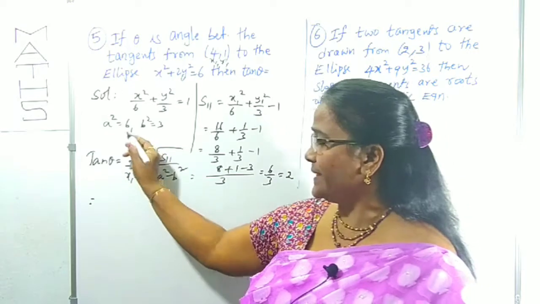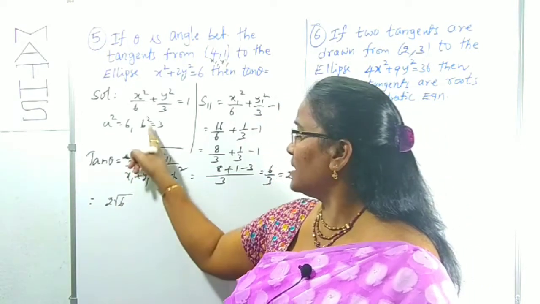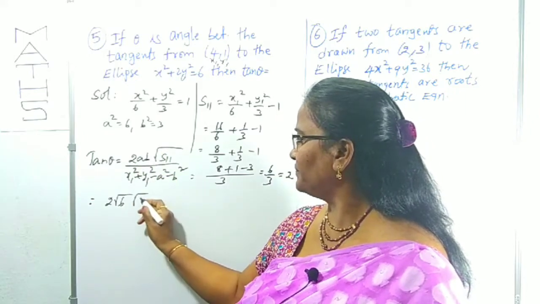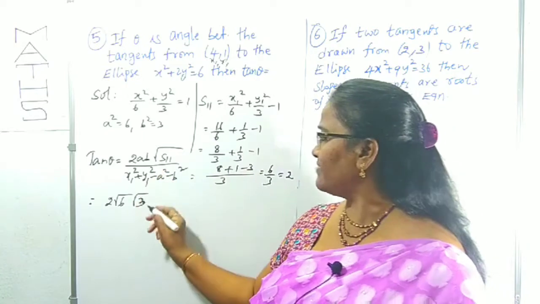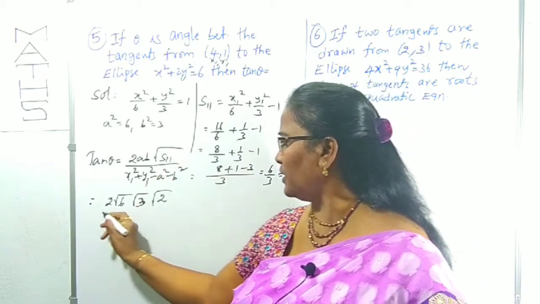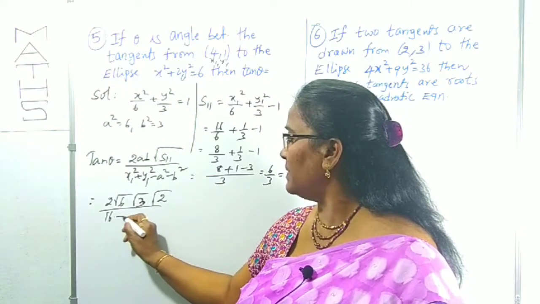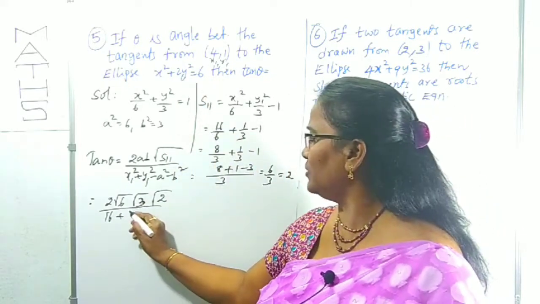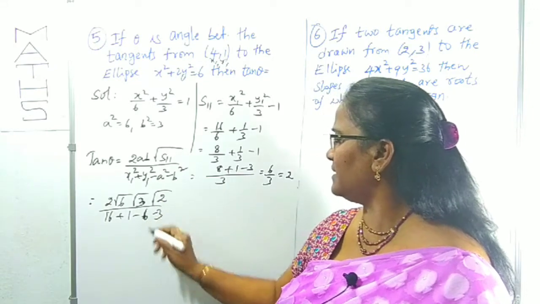A square is 6 means A is root 6, B is root 3. S11 we got as 2, root S11 means root 2, upon x1 square 16 plus y1 square 1 minus A square 6 minus B square 3. Right?